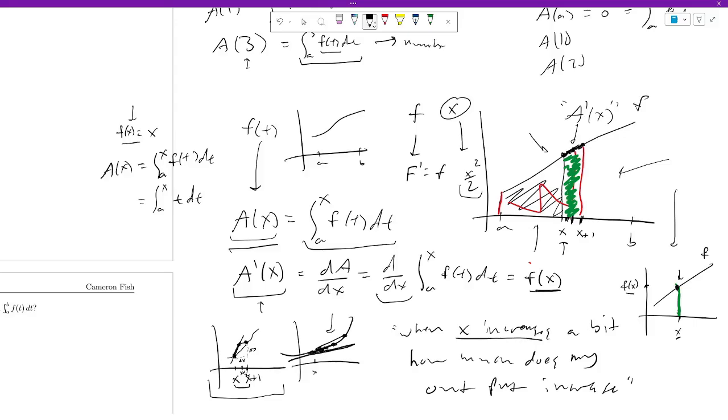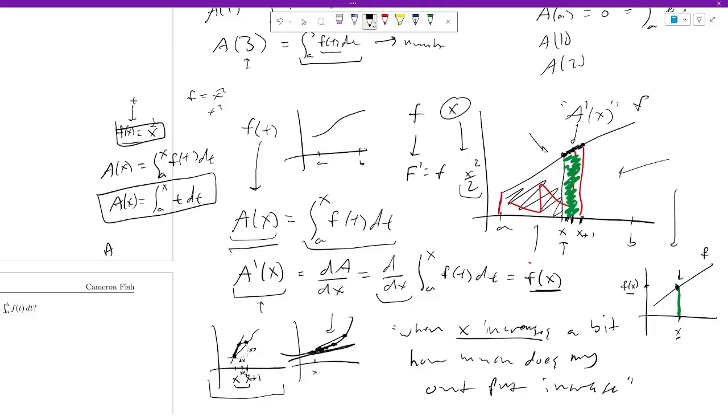If I imagine plugging t into this, t is going to pop out, because plugging t in means put a t wherever there's an x. Like, if this was x squared, then I'd end up with a t squared inside here. Okay, so the point is, if you hand me this function, f of x equals x, and you say you want an antiderivative, I'm like, yeah, here you go. This is an antiderivative. A of x is that integral. It's a function whose derivative ends up being f.